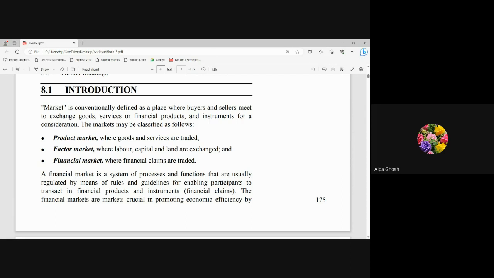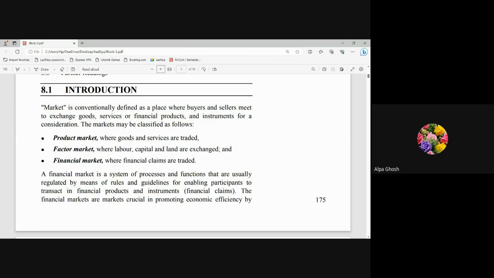And the third type of market is your financial market, where your financial claims, or the sources of finance, are traded. For our subject matter, we're not going to study the product market, because that is a market which you are going to study in the subject marketing management. The factor market is a subject matter of production management. For us in financial management, we will go through the financial market.